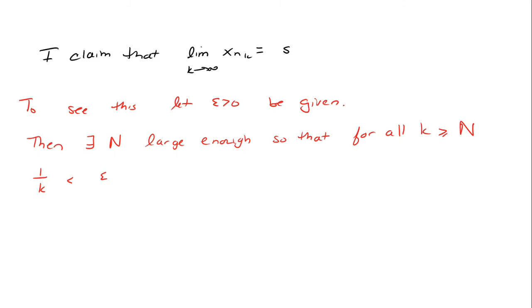Suppose you pick epsilon equals 0.10. Can you find a k value that's high enough so that 1 over k is smaller than 0.10? Sure. Take k equals 11. So for all the k's bigger than 11, 1 over k is going to be smaller than 0.1. And so this statement is true: you give me an epsilon, the smaller you give it to me, the bigger I'm going to jack up k.